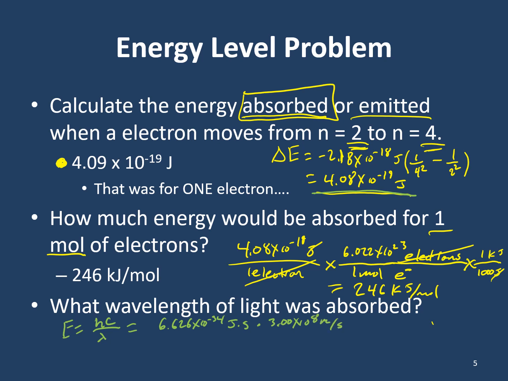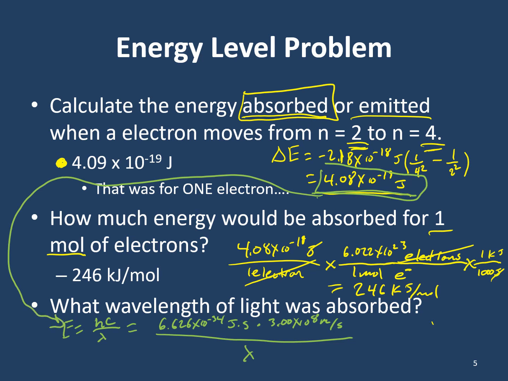Both are constants, both will be provided, all over wavelength. Well, we want to solve for wavelength, and we know our energy. So we can set this all equal to 4.08 times 10 to the negative 19 joules of energy.